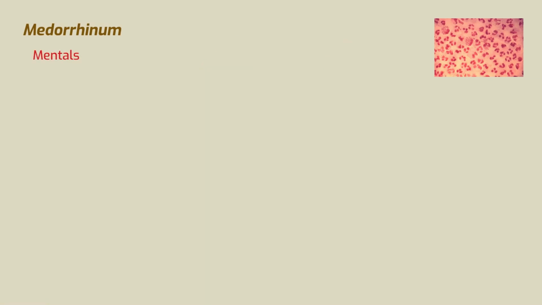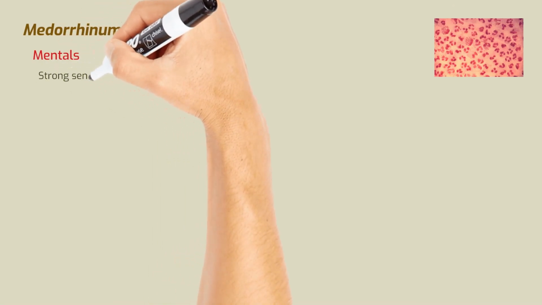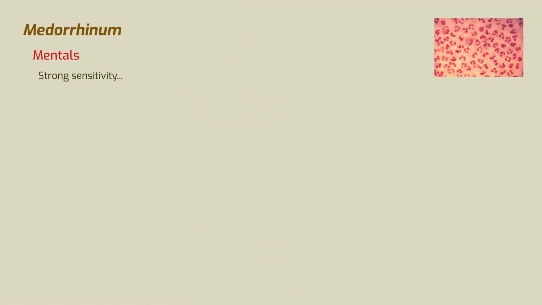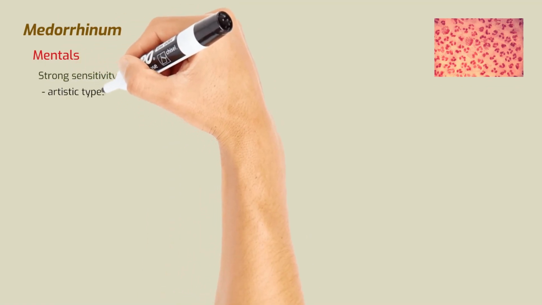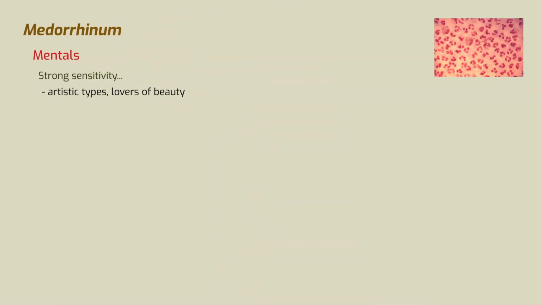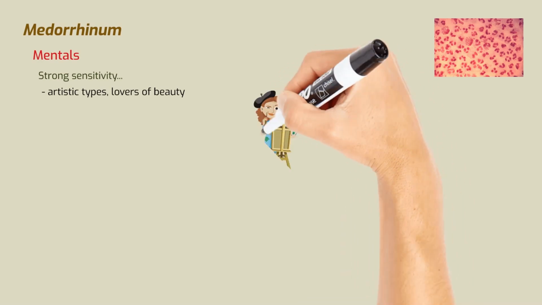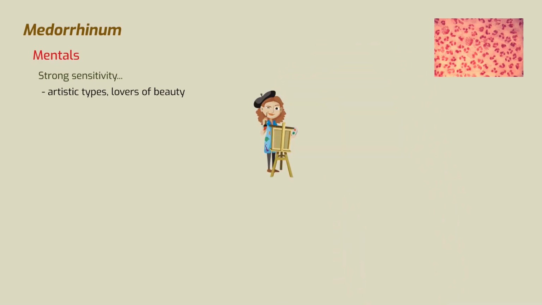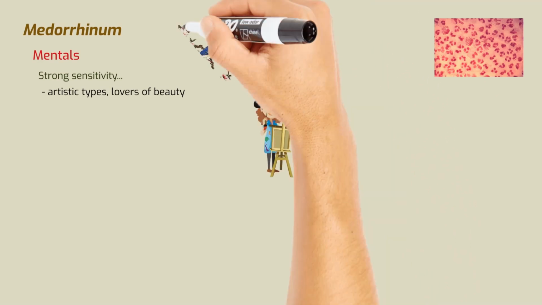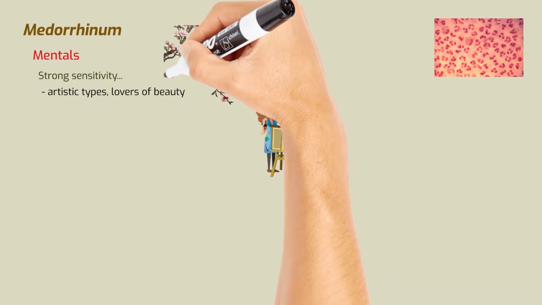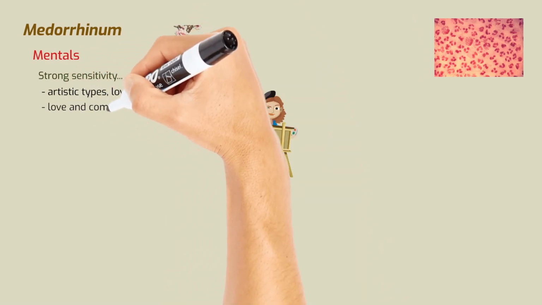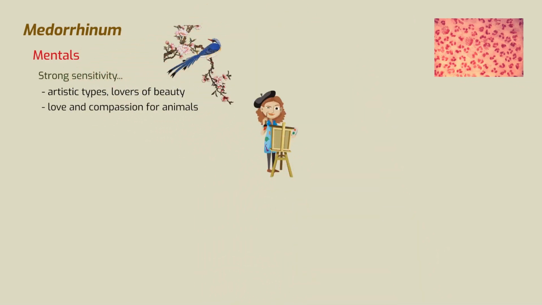Now, in addition to the Medorrhinum passion, intensity, and exuberance, we also tend to see a strong sensitivity. Medorrhinum can fit artistic types and lovers of beauty. There's an awareness of the beauty of life and all of its mystery and wonder. There may be a love of nature or a great love of and compassion for animals.